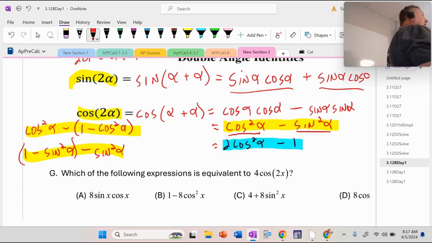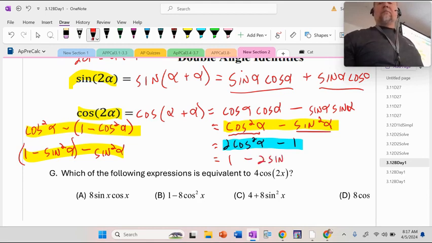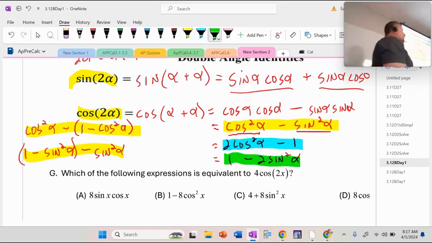And then that creates a second unique rule for the cosine 2 theta rule. So sometimes it's nicer to use one depending on what's given. I like using the second two because you have one variable. It's either cosine or sine, but you have options.